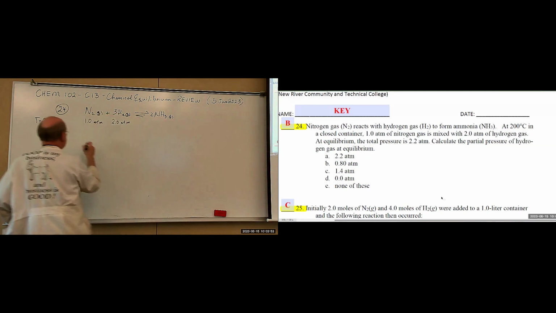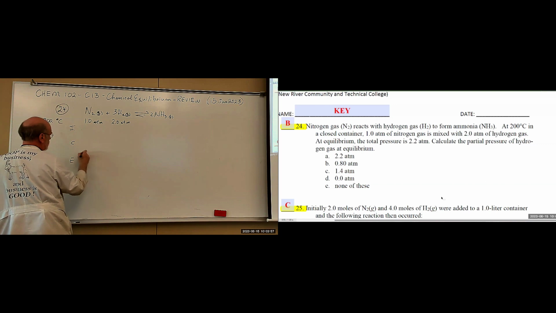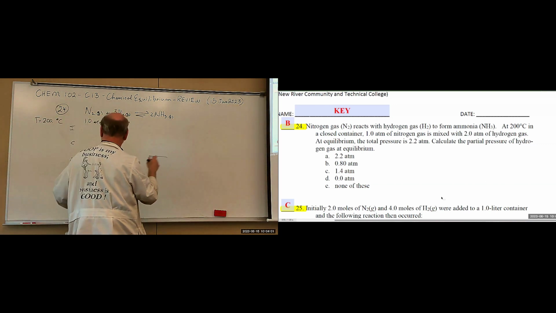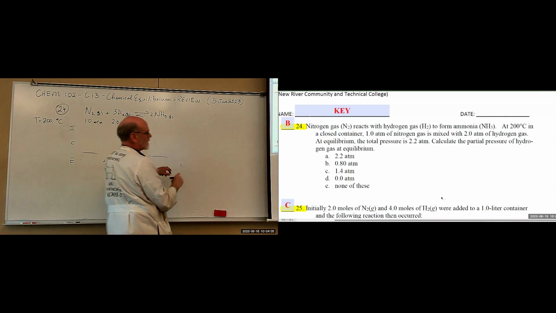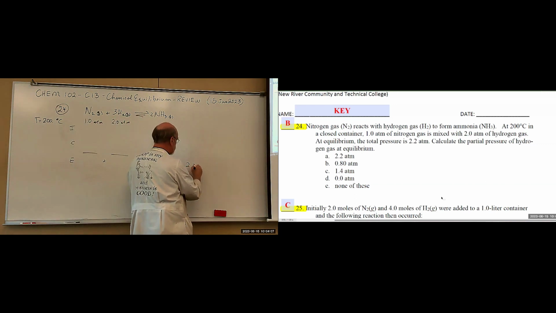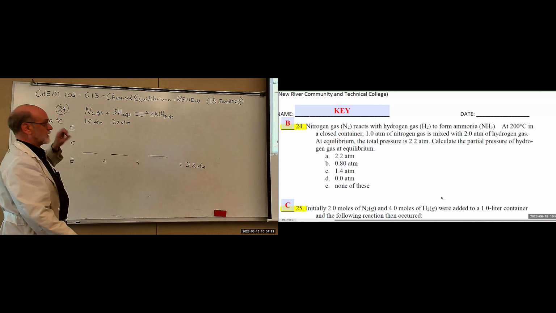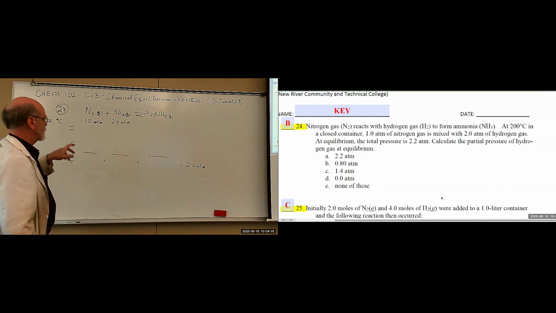Let's see. Okay, so this is initial, change, equilibrium. And we're told that the total, right, this one plus this one plus this one equals 2.2 atmospheres. Okay. Is that everything I'm given? Calculate the partial pressure of hydrogen.